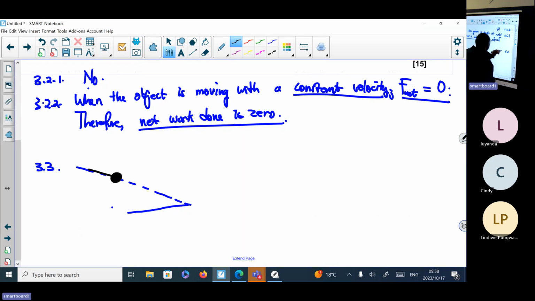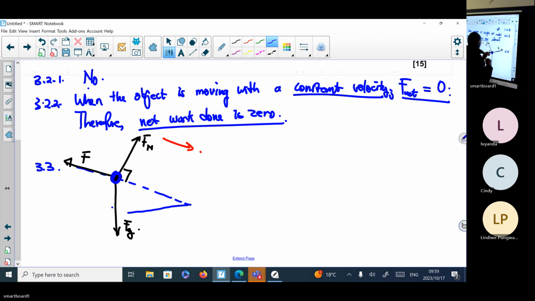We already have seen that there was an applied force, which is F. We know there is a gravitational force because the object has mass. We know there is a normal force because the object is on the surface. Since the object is sliding down, that is the direction of motion, the frictional force will be in the opposite direction, which is up the incline. So both your applied force and the frictional force are acting up the incline.